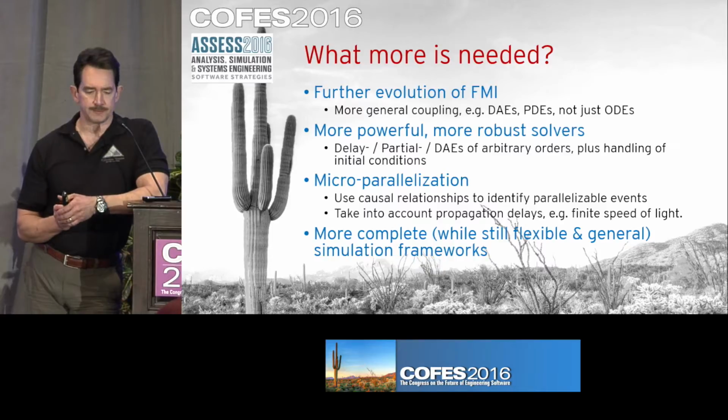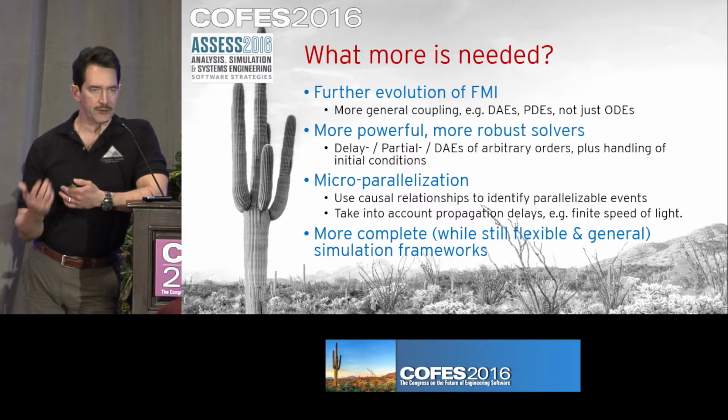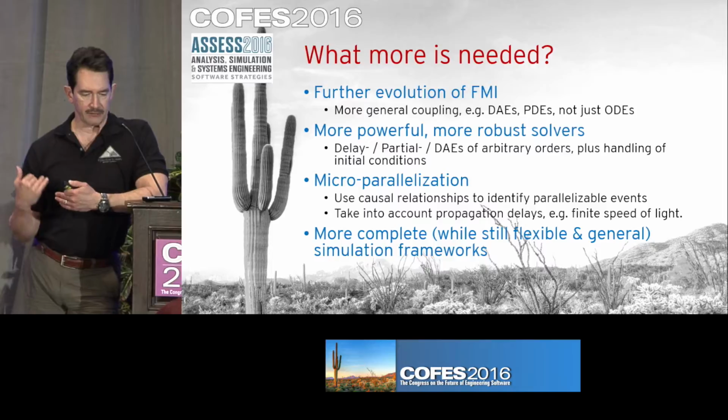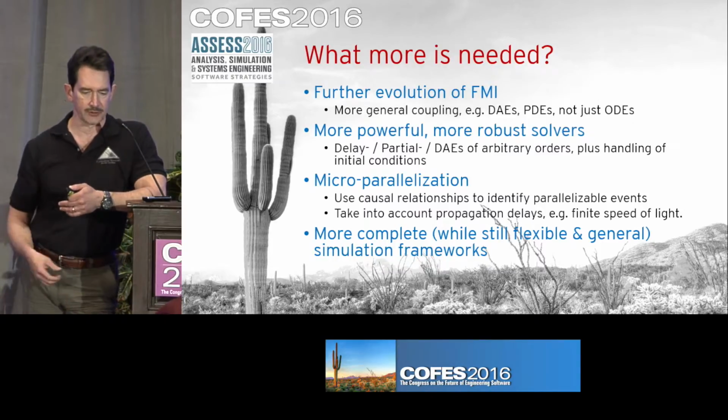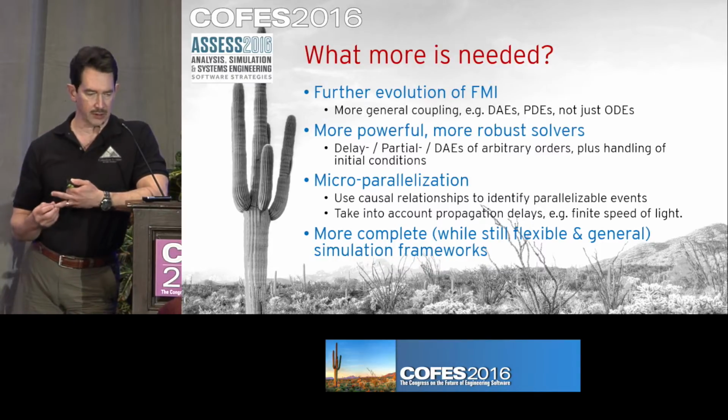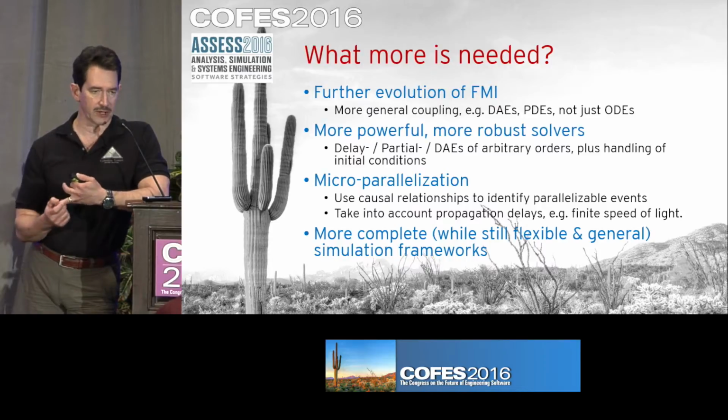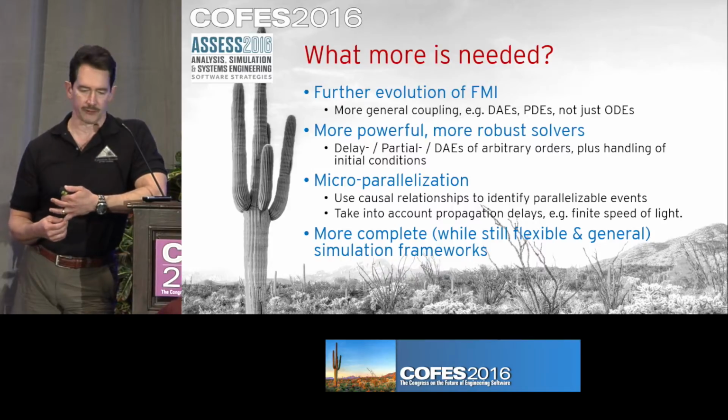What more is needed? The FMI standardization movement, there's already work underway. There are people doing their PhD dissertations working on this. There are already plans to incorporate differential algebraic equations and partial differential equations, as opposed to the current standard, which just supports ordinary differential equations.